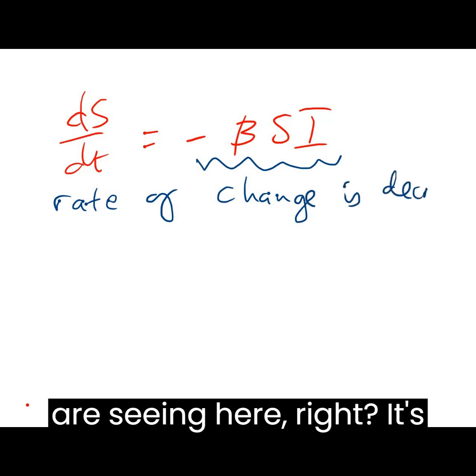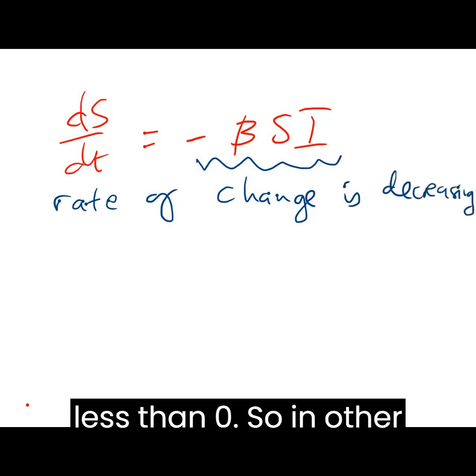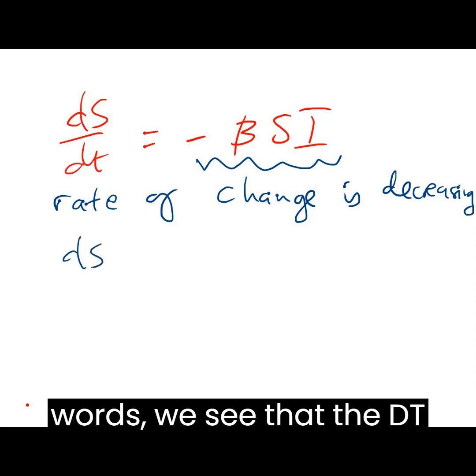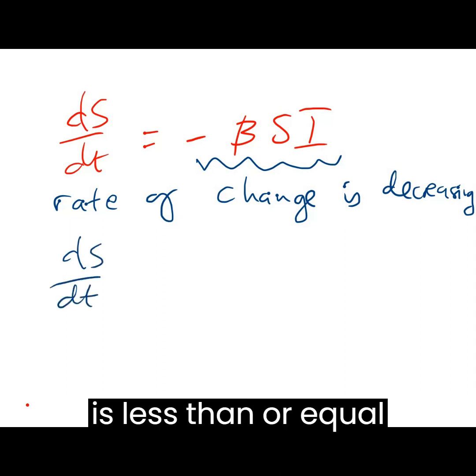It's less than 0. So in other words, dS/dt is less than or equal to 0.